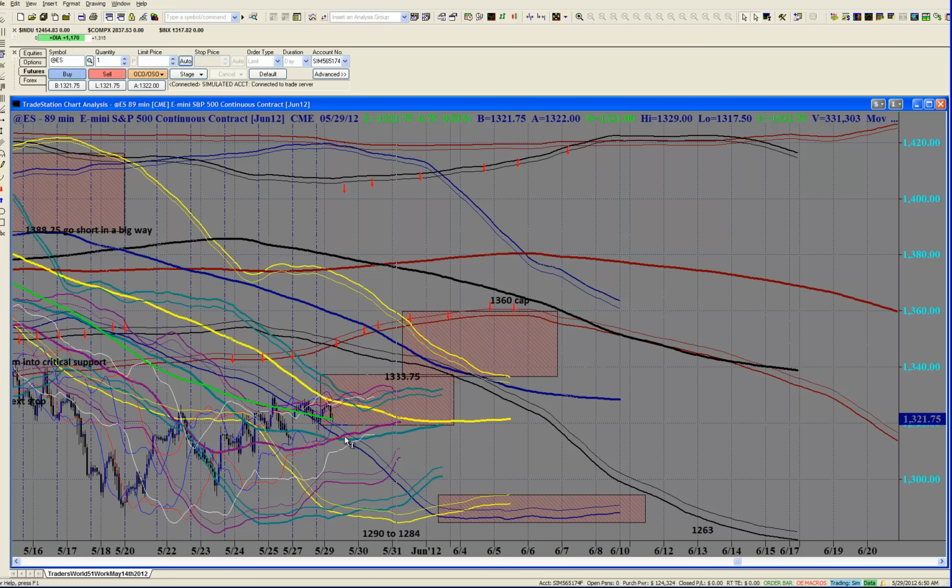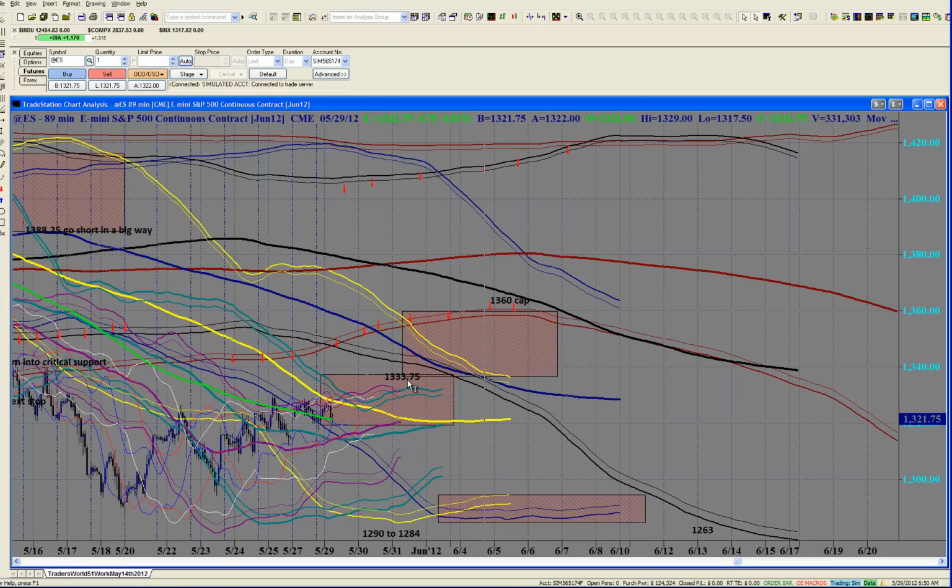Even if we do get that sell-off and are bounded in this neighborhood, there could be a short-term rally off of that point. The rally would most likely be contained by the 1321 to 1324 area.